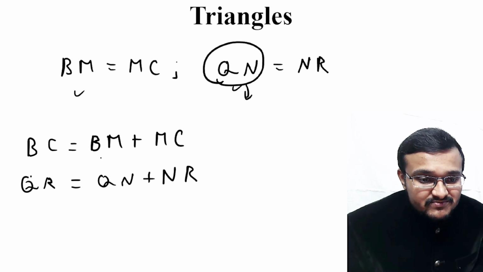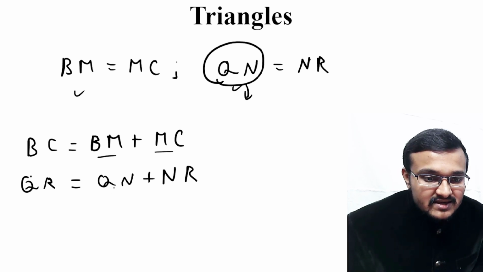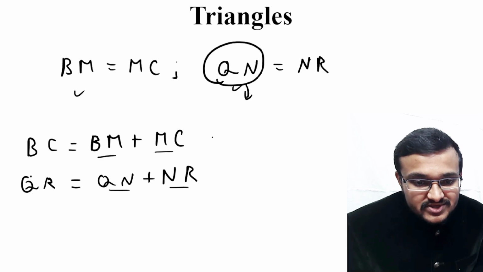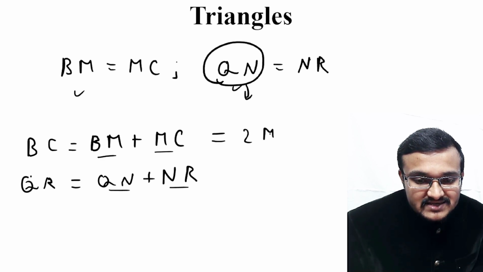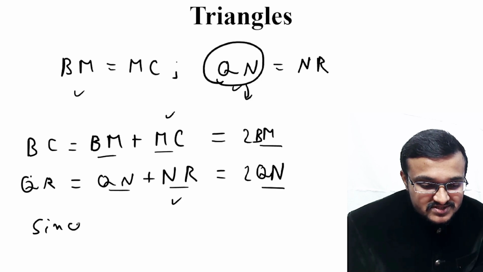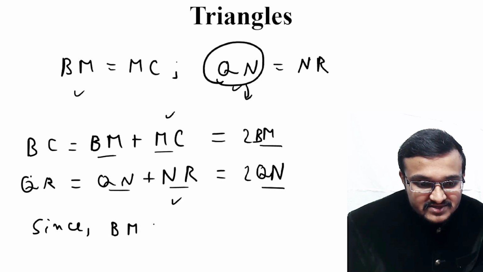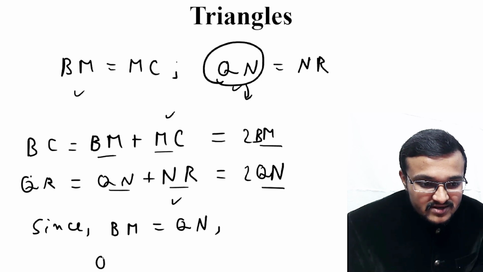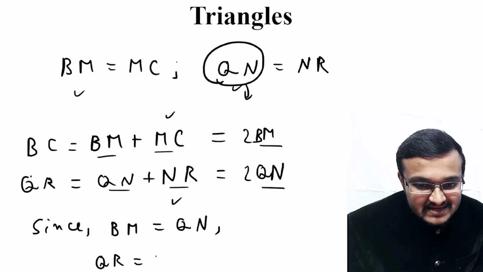So now we know that BM is equal to MC and we know that QN is equal to NR. So that means we can write this as 2BM and we can write this as 2QN. And we also know that BM is equal to QN, which they have already given. So since BM is equal to QN, QR can be written as 2BM.